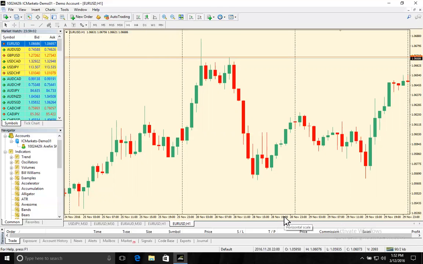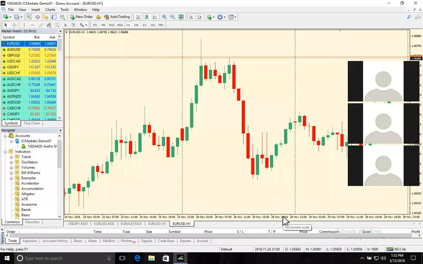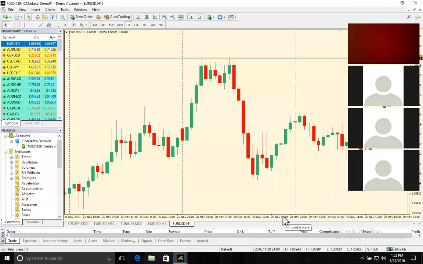All I need to do is draw support and resistance on this chart. First of all, the question people ask is how far back I need to look. To answer this, for the daily you should look back at least 1 year. For 4 hour, you also look back 1 year.